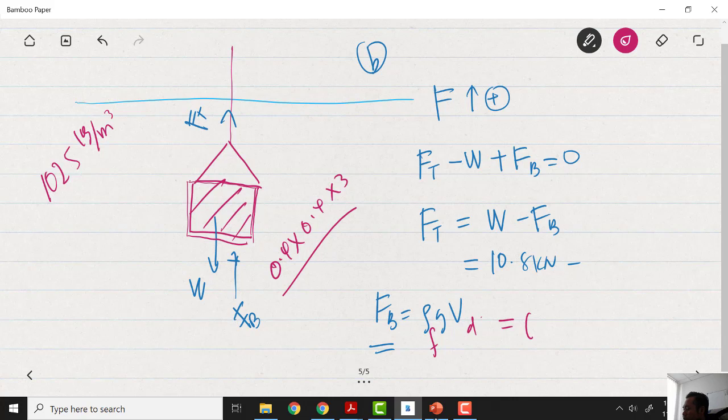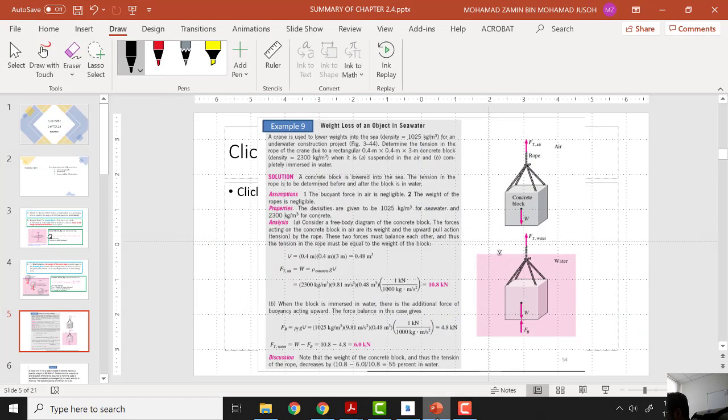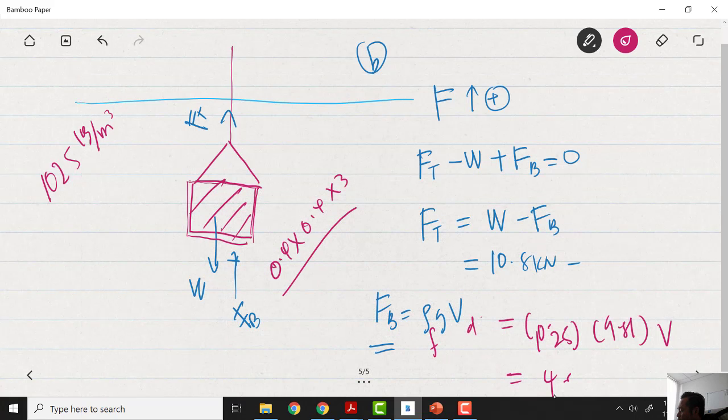Just substitute the values, the density, 9.81, and the volume V, and then we look at the answer: 4.8 kilonewton.